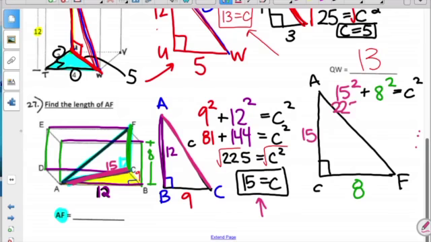And then plus 8 squared, which is 64. And we're going to add those together and it equals c squared. 225 plus 64 is 289. So that's what equals c squared.